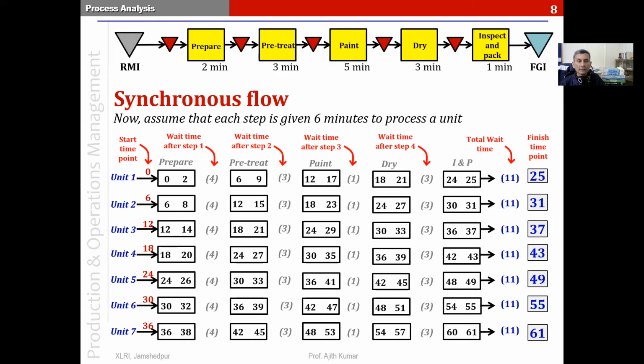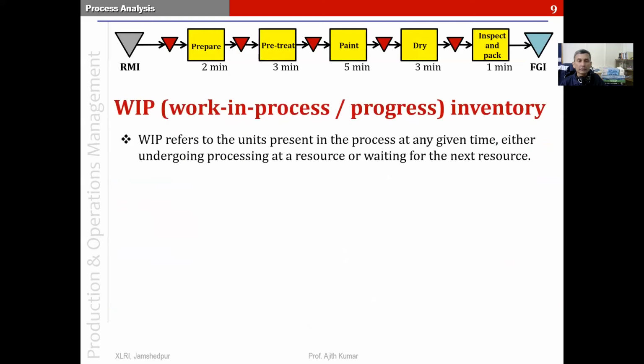Now let's examine some of the concepts and understand why the synchronous flow is considered better. First refers to the WIP inventory. WIP stands for work in process or work in progress. It refers to the units present in the process at any given time, either undergoing processing at a resource or waiting for the next resource.